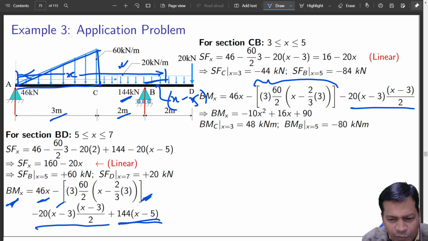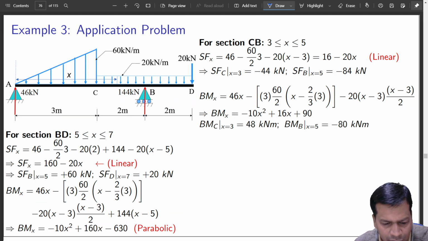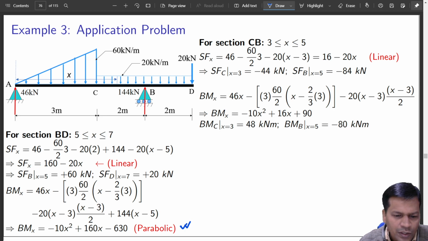So 144 into x minus 5 is bending moment due to 144 kilonewton, that is reaction at B at this point, okay. So that is total bending moment. Simplify that, I got a parabolic equation now. So that is all. Now all the sections are done.